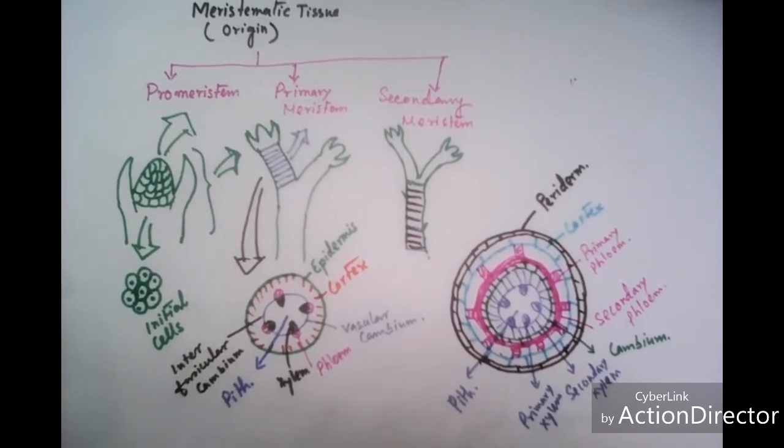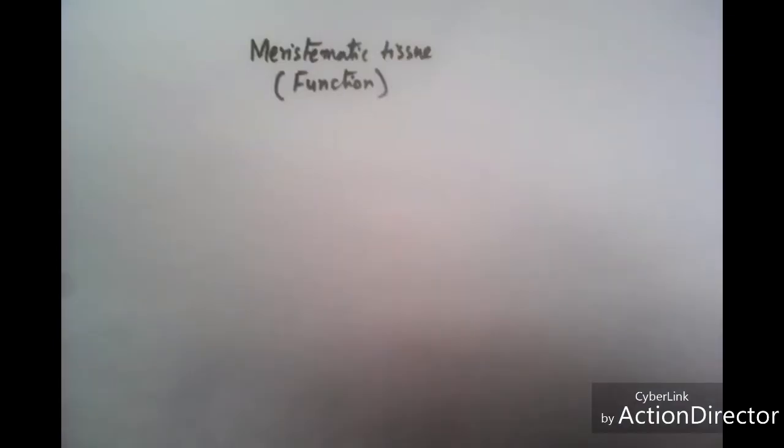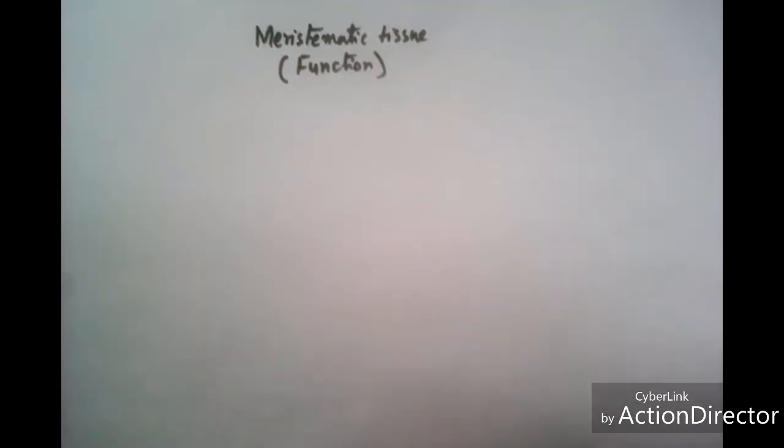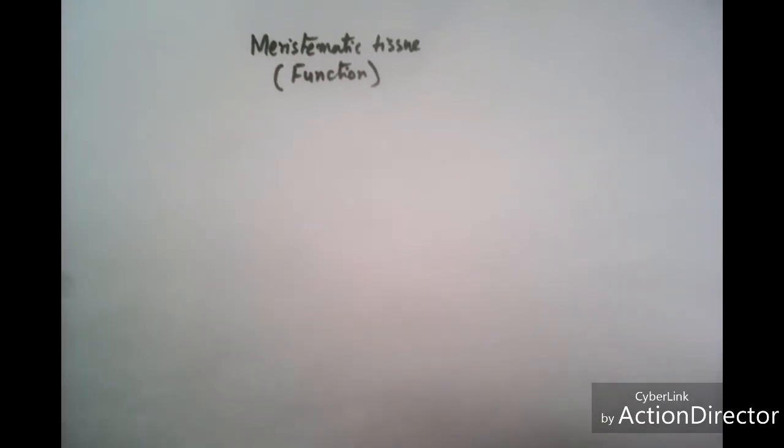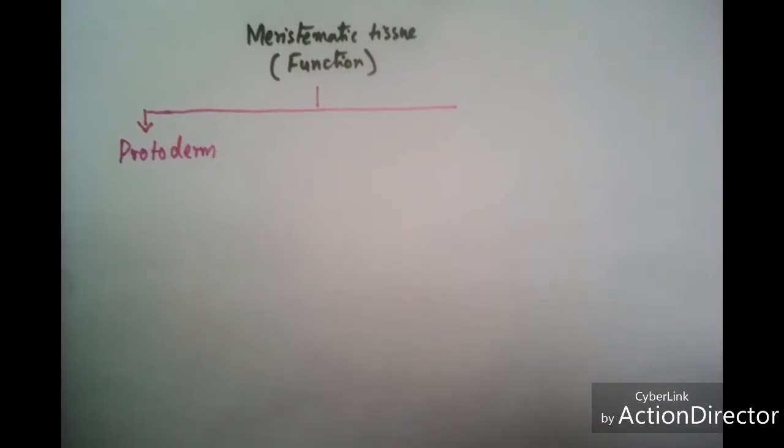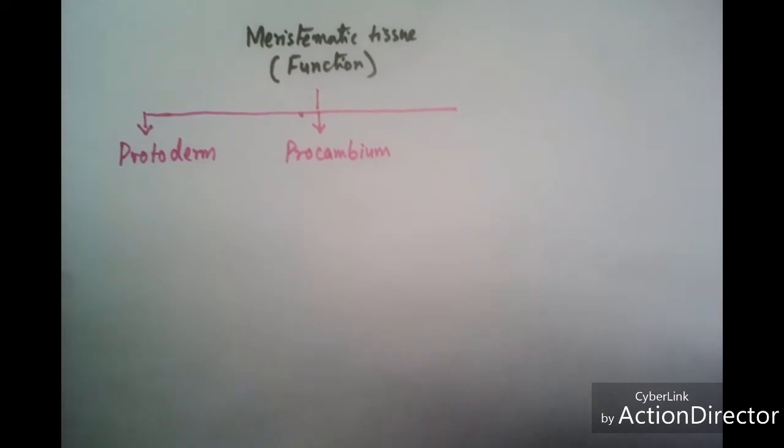Now the next type, meristematic tissue on the basis of function. According to function, meristematic tissue is divided into three types. These are protoderm, procambium and ground meristem.